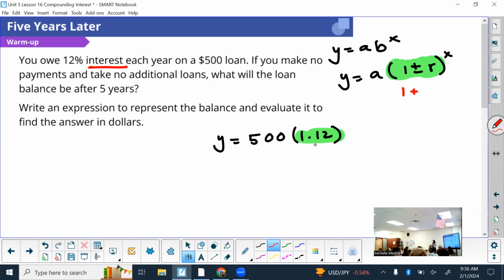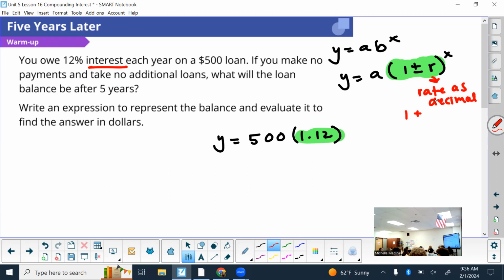The R stands for what? Table 6, can you tell me what the R stands for? Or can you tell me maybe what the R will be in this situation? The interest rate. So R stands for rate, but as a decimal. Your growth rate as a decimal.